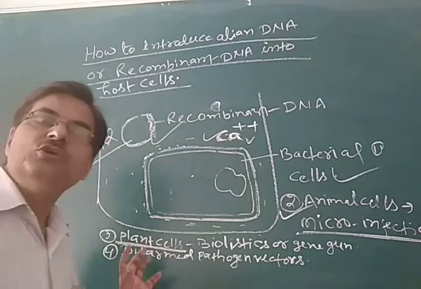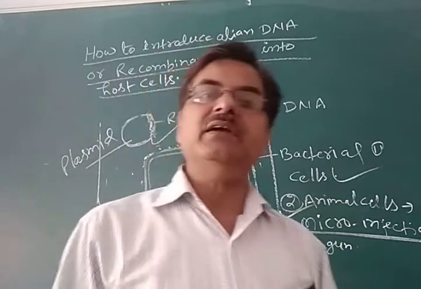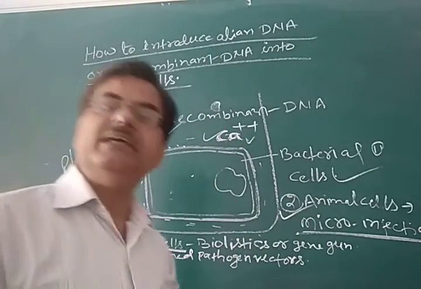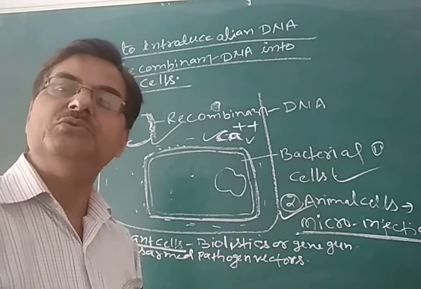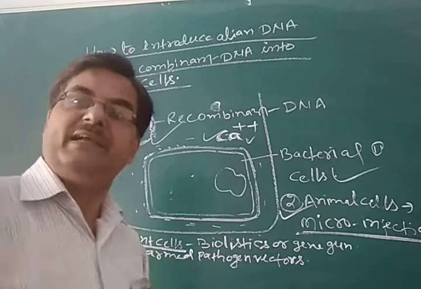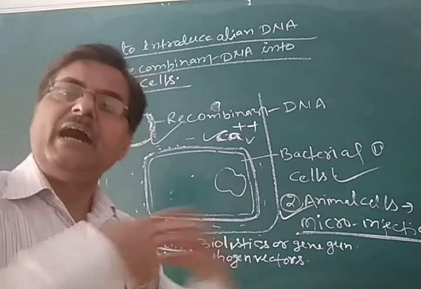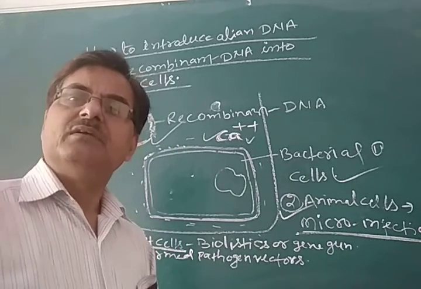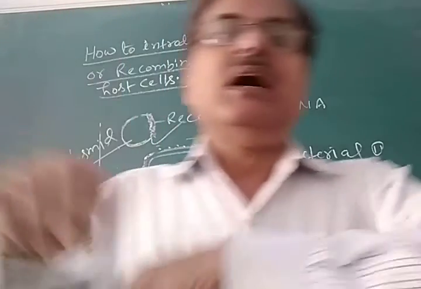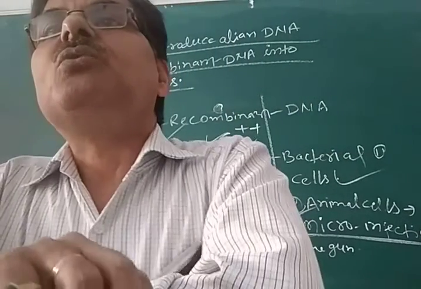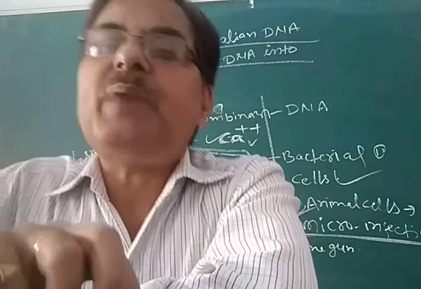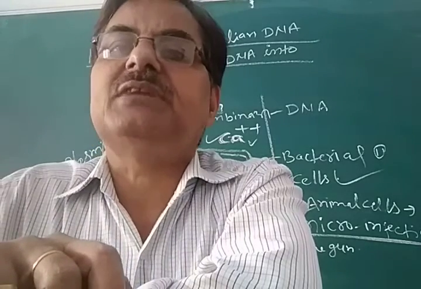So what we do to introduce the recombinant DNA or plasmid DNA into the plant cells? Plant cells are bombarded with high velocity microparticles of gold and tungsten.